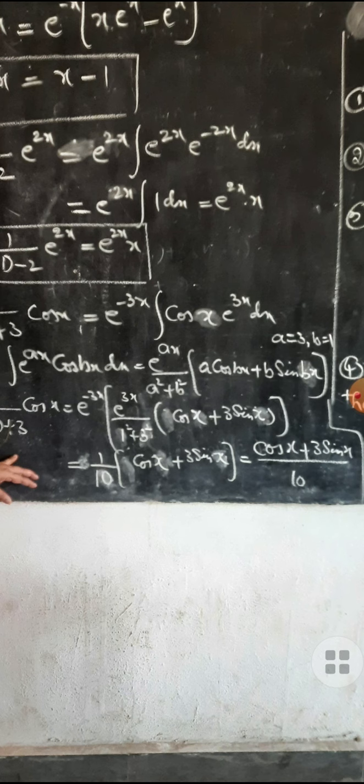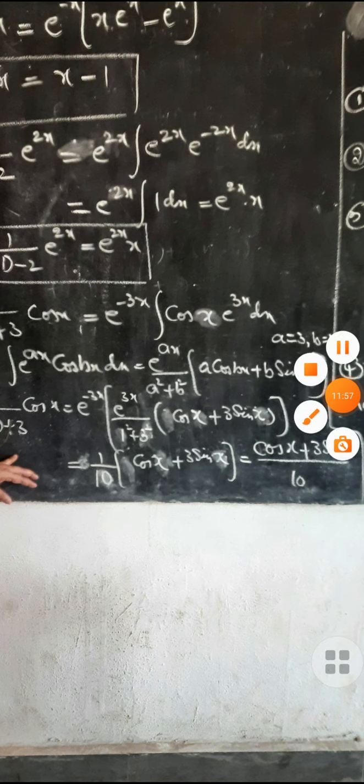So e power 3x by (3 square plus 1 square) times (a cos bx plus b sin bx). Here it is a mistake, it should be a cos bx. What is a? 3 cos x plus sin x it should be.